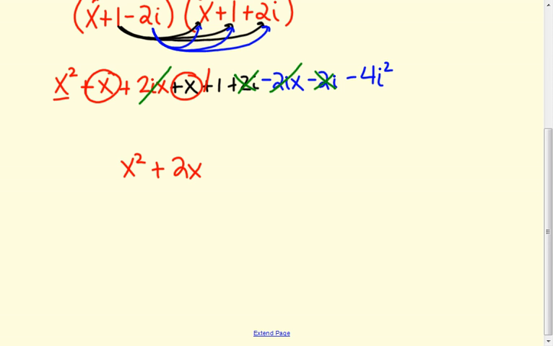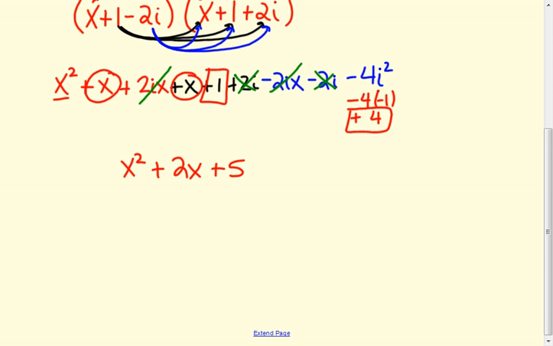And then right here I have this 1. I want you to remember that i squared is -1. So what you really have right here is -4 times -1, which gives you +4. So I have a +1 and a +4, which I can combine to make 5.